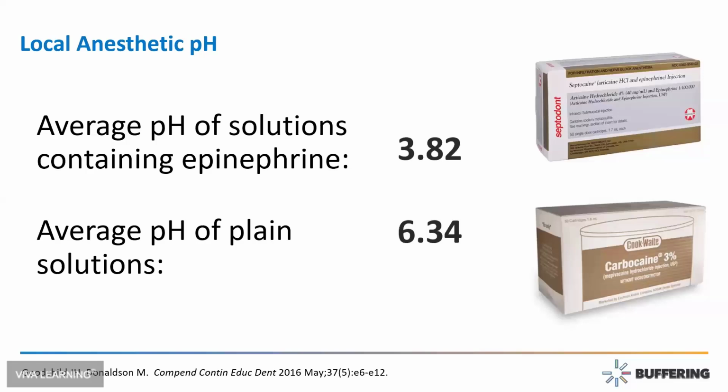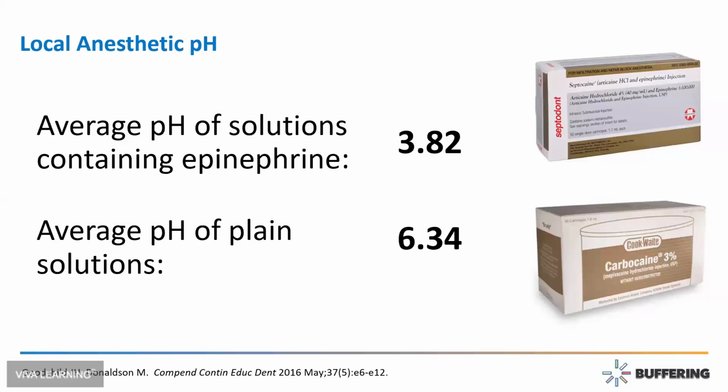So I mentioned that local anesthetics are prepared at an acidic pH. I did a study several years ago, published in 2016 in Compendium, where I took a large sample of local anesthetic cartridges, basically all 7 solutions that are available in the United States, and pH tested them.